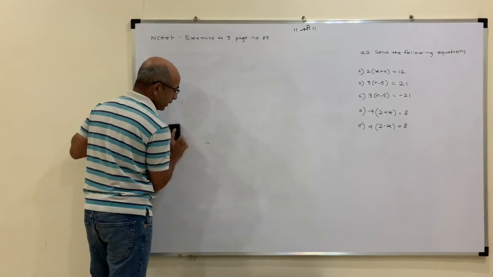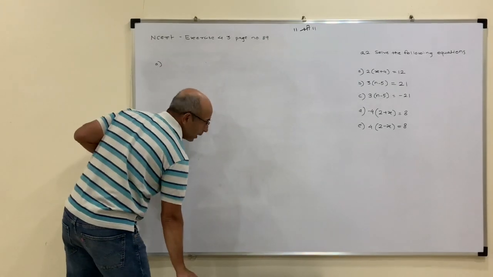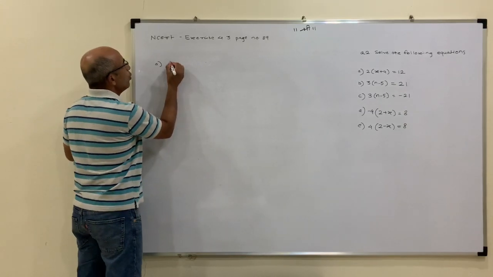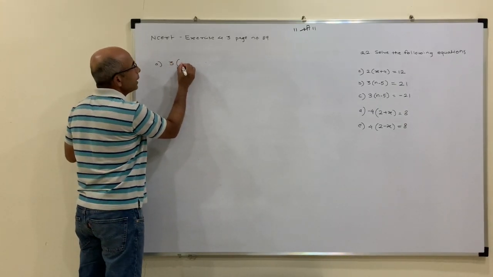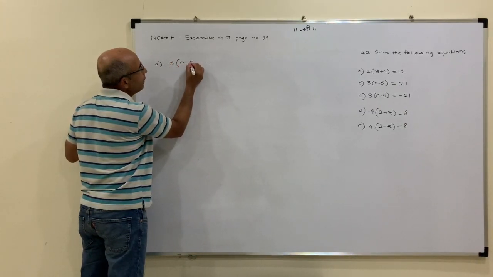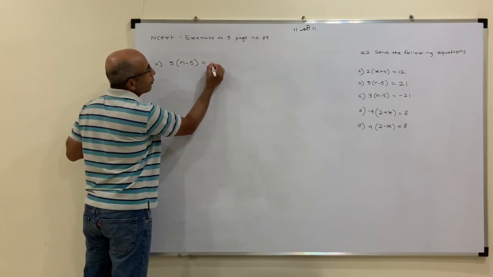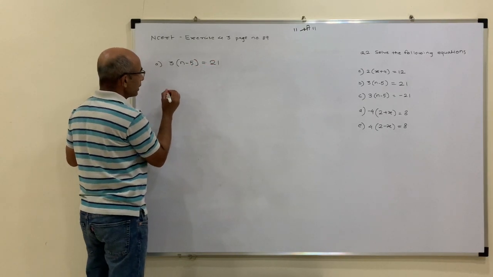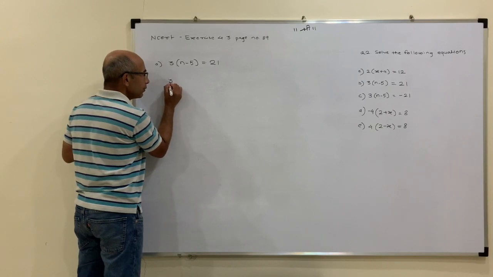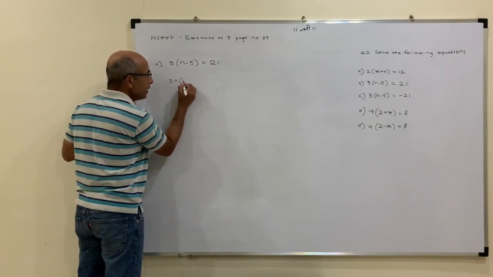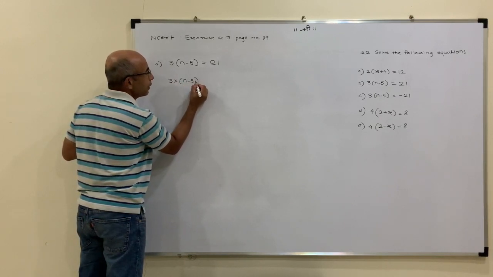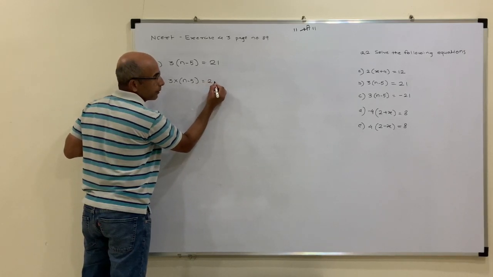Question B is 3 into n minus 5 equals 21. Now here again I'll rewrite: 3 into n minus 5 equals 21.